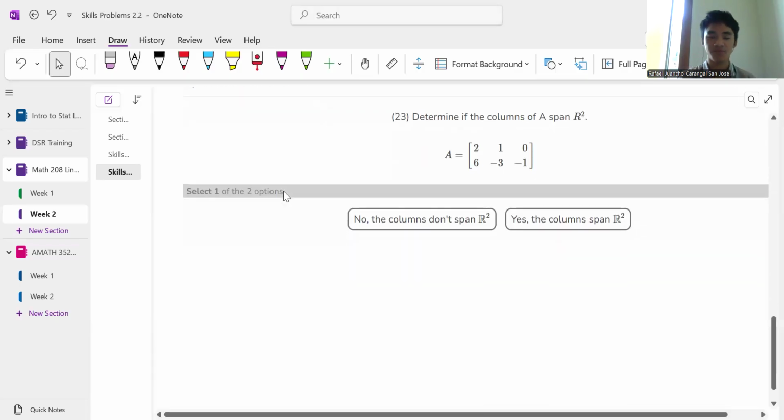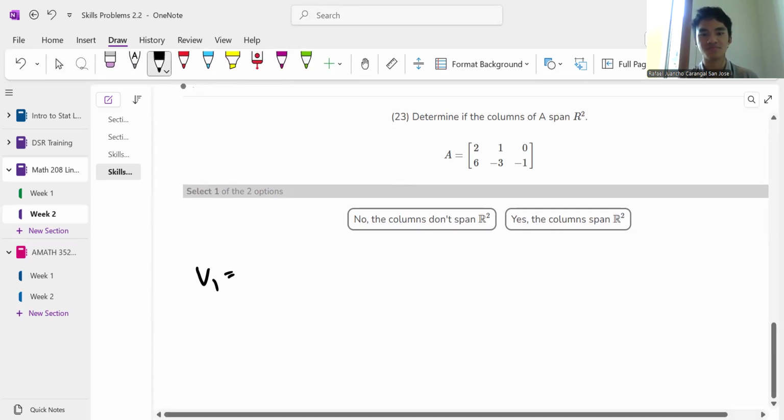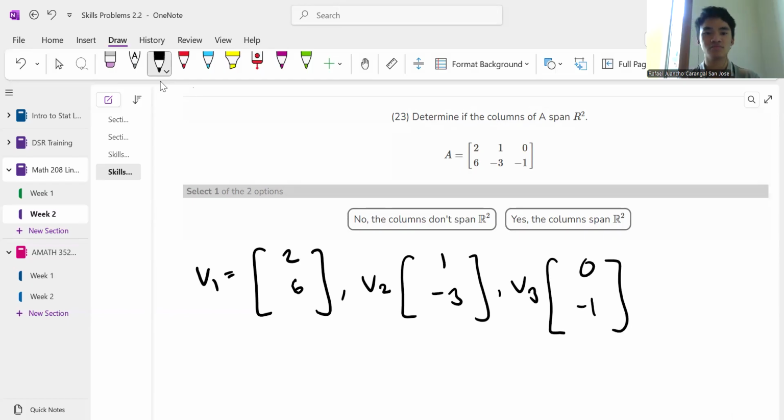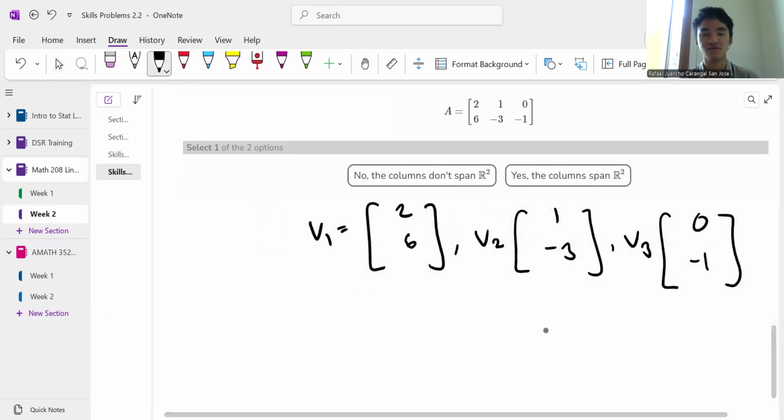Right, so what we want to do is separate these into vectors. Call it v1, v2, v3. That's the first thing I would think of doing.